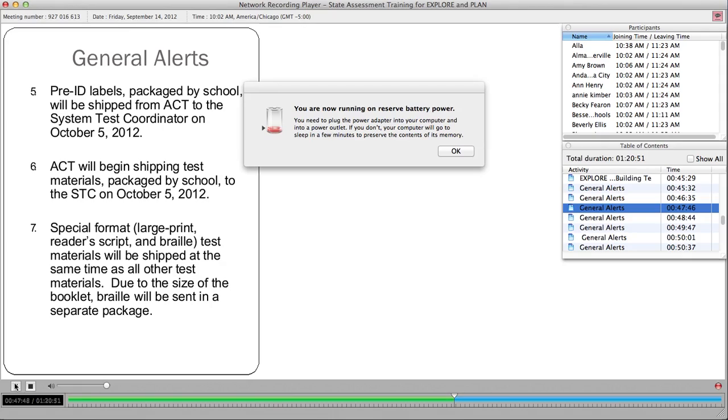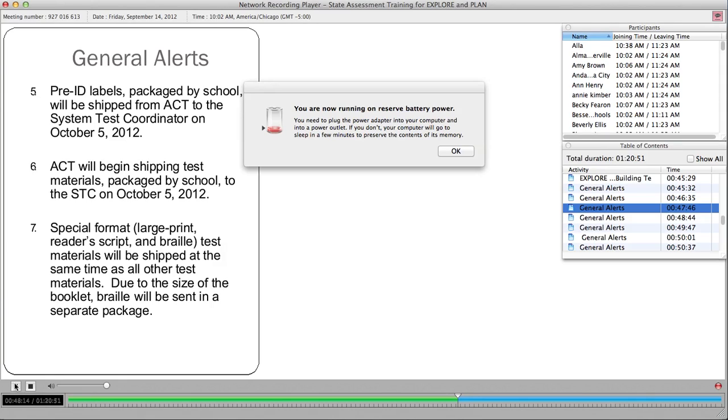Okay. Again, the pre-ID labels will be shipped separately from ACT to the System Test Coordinator. They are going to begin packing on October 5th. We're not sure when you will get them, but that is the anticipated shipping date that we have. They will also begin shipping other materials packaged by school that will be shipped directly to the System Test Coordinator.